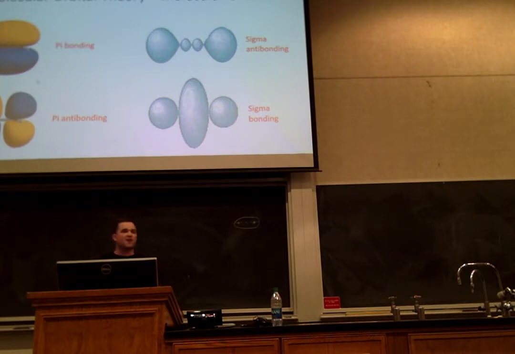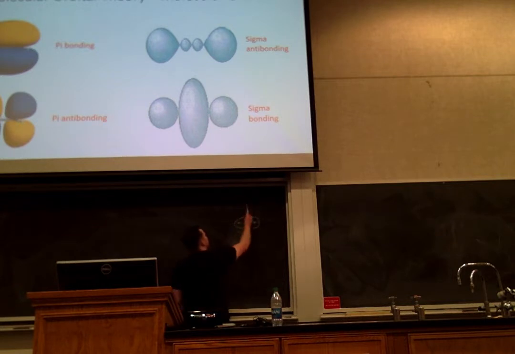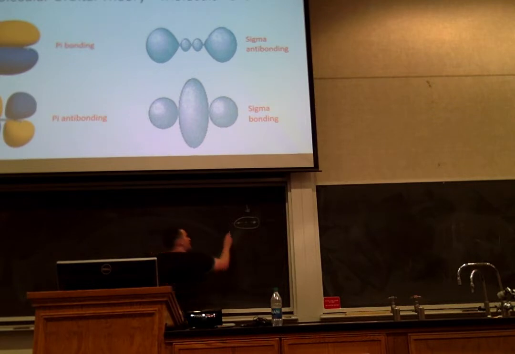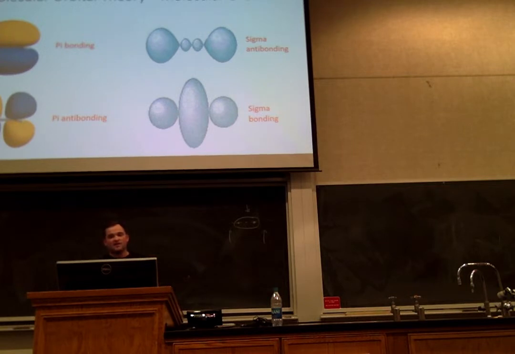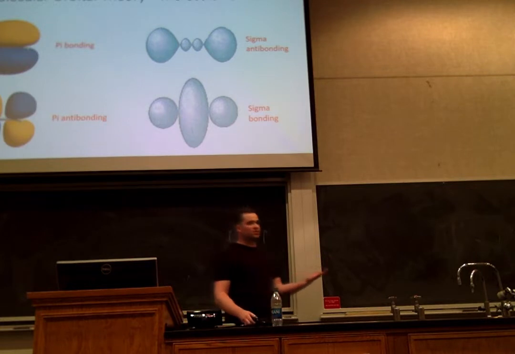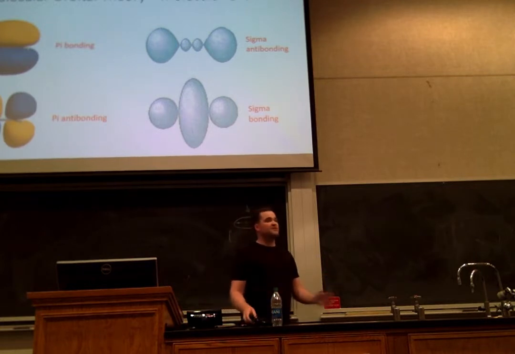And then for anti-bonding, the electron density is in the middle if it is bonding, and on the outsides if it is anti-bonding. So for this one, you can see that there is electron density in the middle, and that's fine.